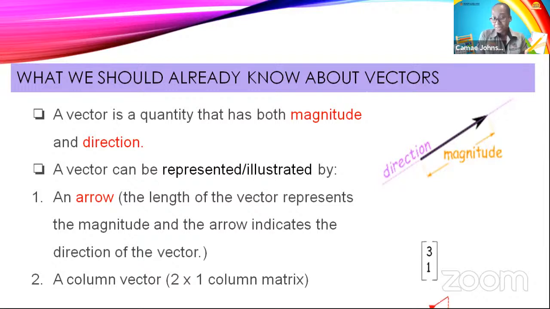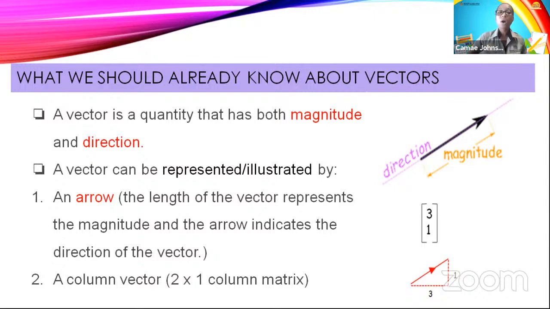And in our lesson further on, we're definitely going to be looking at what the arrowhead really means. We know that it means direction. So with an arrow, the length of the vector represents the magnitude. The arrow, as I would have just said, indicates the direction of the vector.